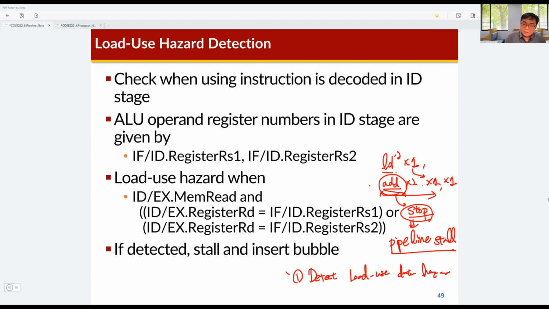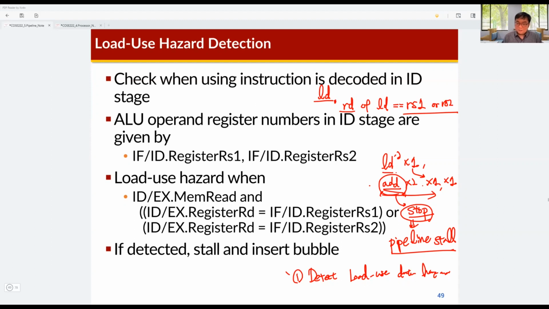It's simple. The former instruction is a load instruction, and the destination, that means the RD of the load instruction, is equal to RS1 or RS2 of the load's following instruction. That means the very next instruction.